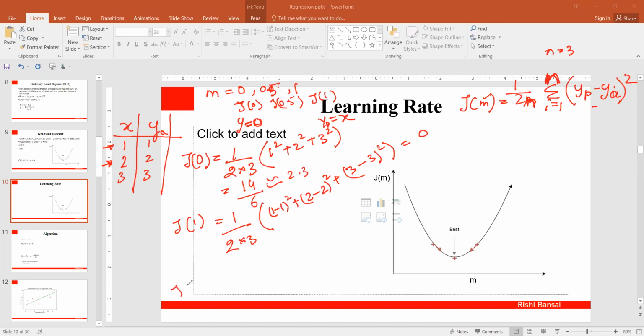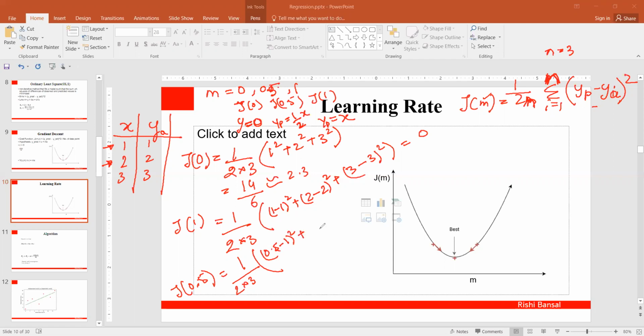Now we'll calculate one more, 0.5. So my equation y pred will be 1 by 2 x. This is fine. Now tell me, for x equal to 1, what is y predicted? 0.5, correct. And what is actual? 1. You square this.